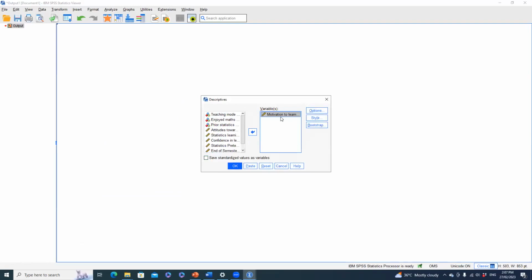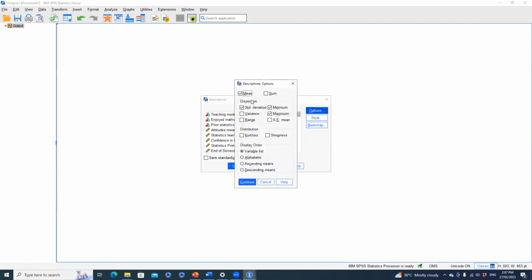So after we enter our variable there, which is motivation to learn statistics, I now go to the options box, and you can see that many of these options are actually pre-ticked. I can also tick the distribution boxes there, which show me the kurtosis and skewness. And what you will see in the outputs is that these give you exactly the same information as what we got previously.